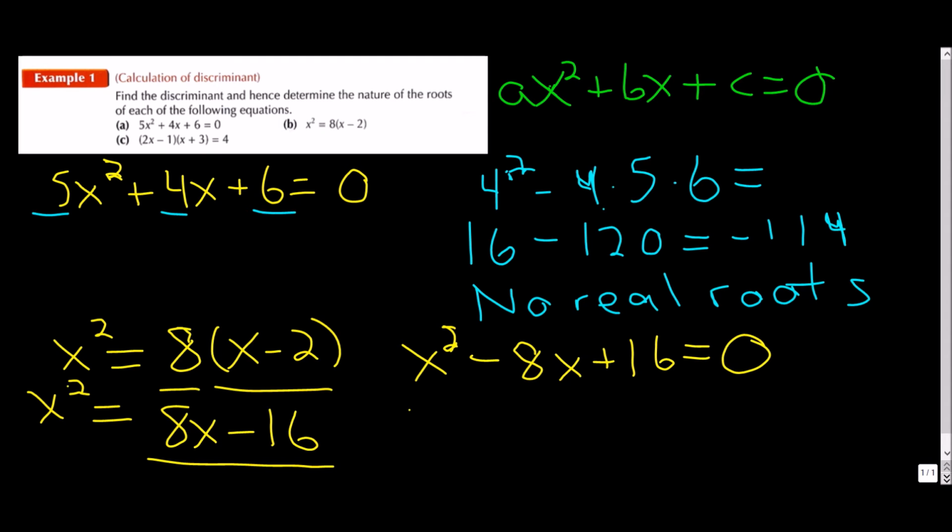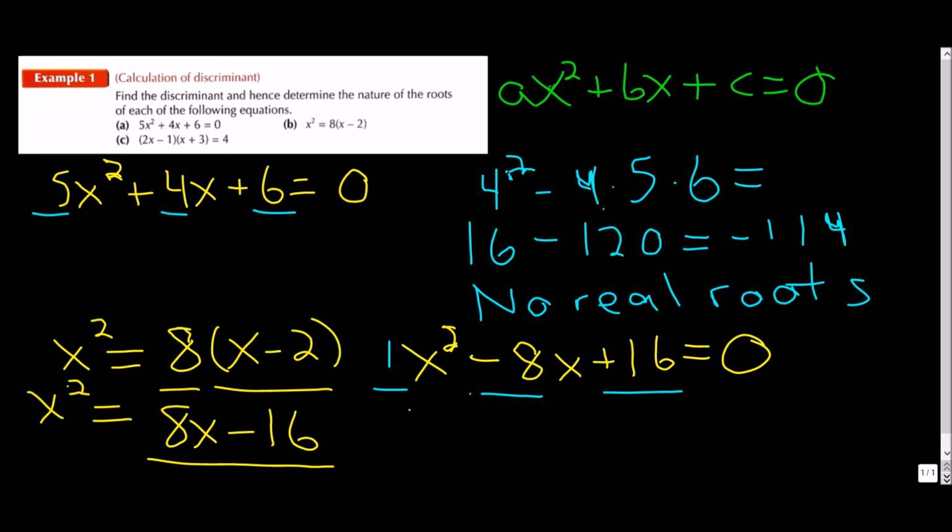So now we can go ahead and actually use our form for the discriminant. Again, the number of x squareds is a. Remember there's an invisible 1 here. We have negative 8 x's, so b is negative 8. And then 16 is finally what's left over, which is c.